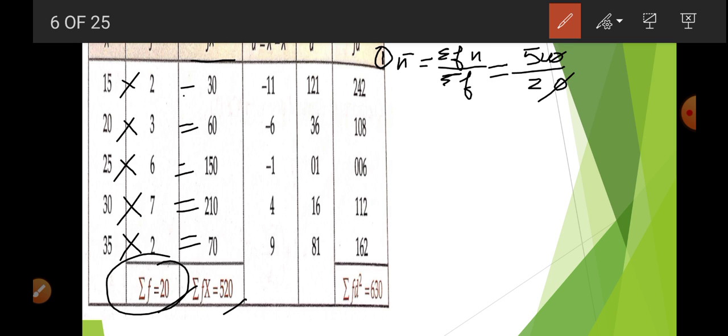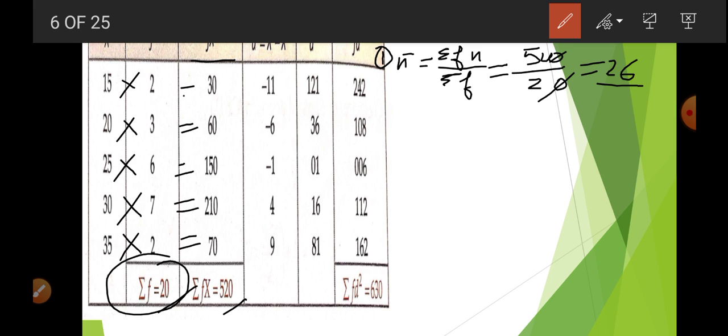When we divide 52 by 2, we are going to get 26. So this is the value of mean.